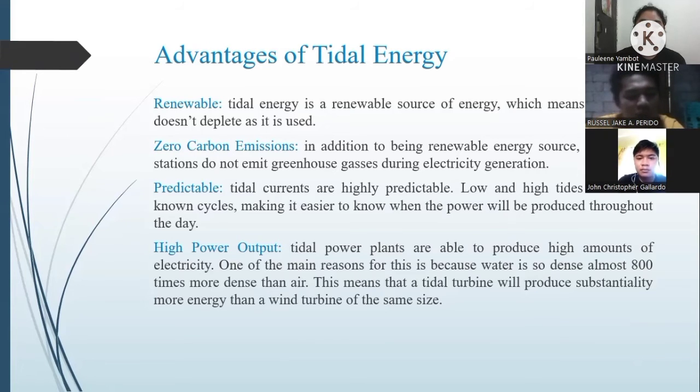Yung nasa tamang oras ito, kung ano yung mga nagpo-forecasting, kapag nagpo-forecasting sila, yung mga utility ng mga power plant, ito yung exact talaga, yung hindi talaga lalagpas ng oras ganito, kagaya sa wind natin. Kasi sa wind, hindi yun exact. Kasi nga, yung wind, hindi natin makontrol yung wind.